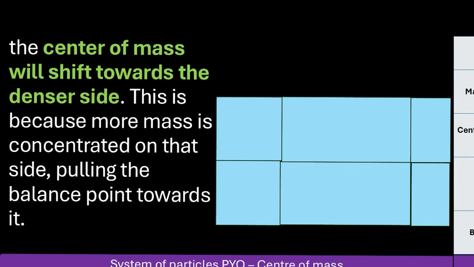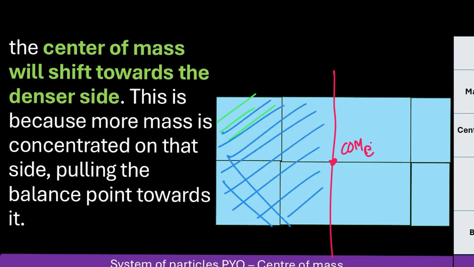So if this was the center of mass initial, meaning the center of mass with even distribution of mass, but in the second case, if you consider that one side of the lamina is unevenly distributed, then this center of mass of even distribution will incline towards, which means we'll have somewhere over here the center of mass of uneven distribution. The center of mass will shift towards the denser side.